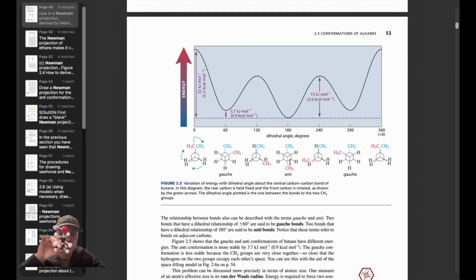However, just to keep us in line with the way that they've drawn this here, the front carbon they have with the main group going down, just so that you have a different view of that.